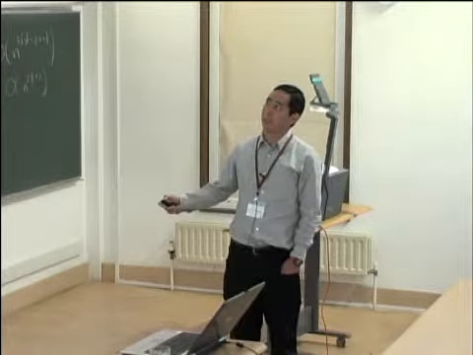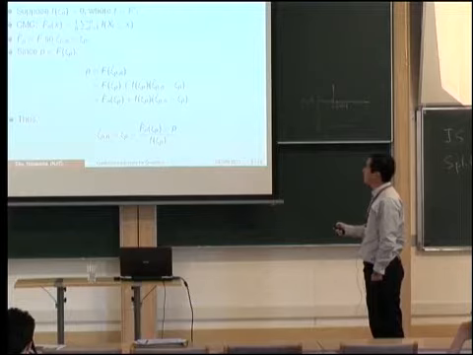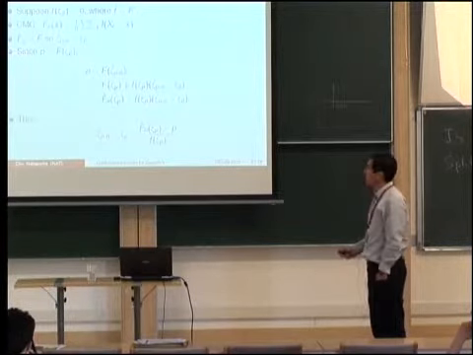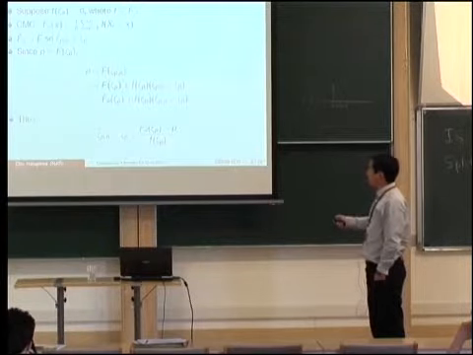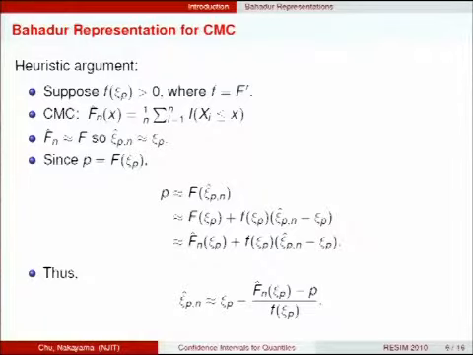In the case of crude Monte Carlo, here's our empirical CDF, which just assigns mass 1 over n to each of the samples. Roughly speaking, the empirical CDF should be close to the true CDF. And since we invert the true CDF to get the quantile, the estimated quantile should be close to the true quantile.